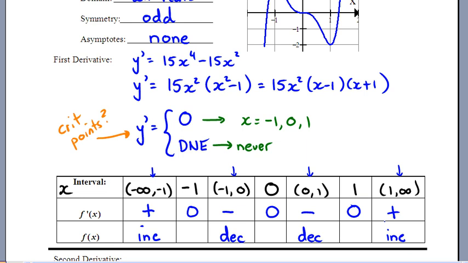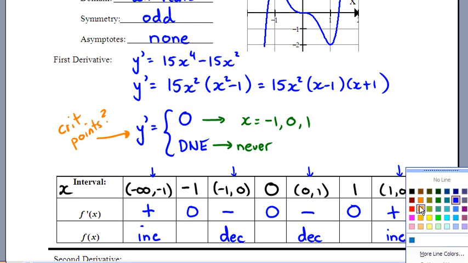Make sure you don't mix those up in terms of how you say it, right? I want to say for the first column there, the derivative is positive, the function is increasing. I don't want to mix and match and say, oh, well, the function is positive or the derivative is increasing. That's not what I'm trying to say in this part of the work.